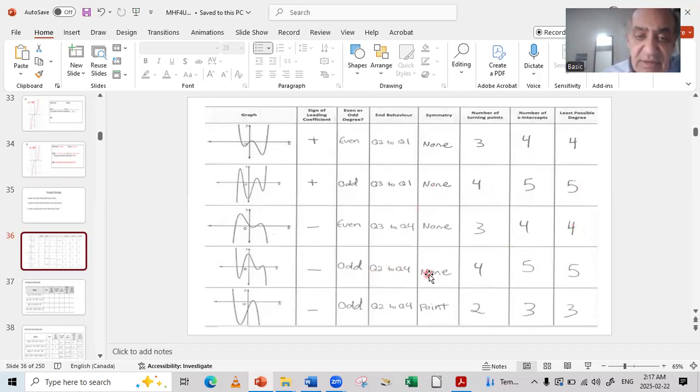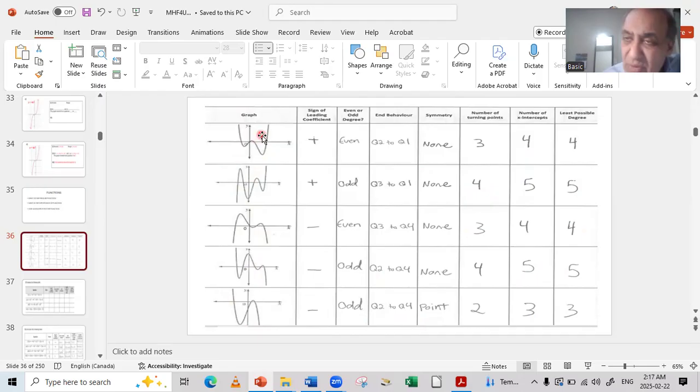Is there a symmetry here? Actually, nothing here with symmetry. The only one is the last shape. In the last shape, there is a symmetry, which is the point here. Yes. But in the other figures, there is no symmetry. Even you can see it from the figure itself.